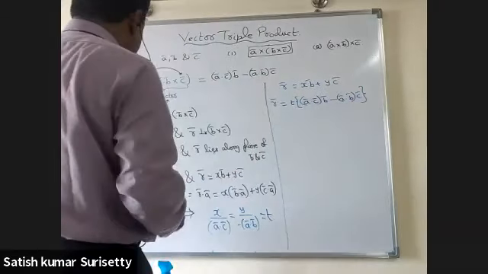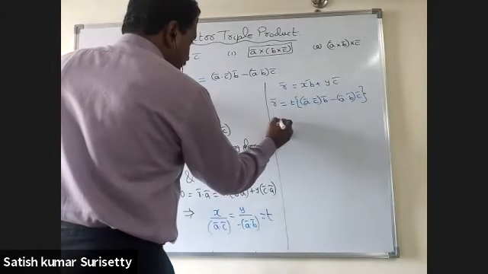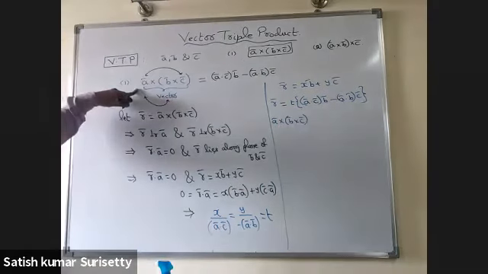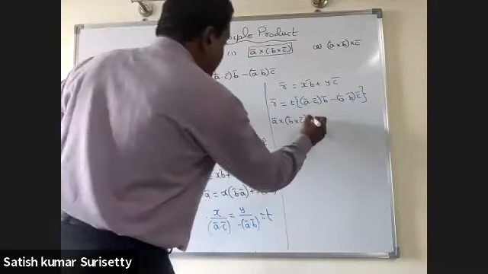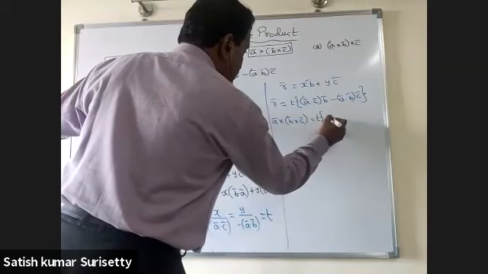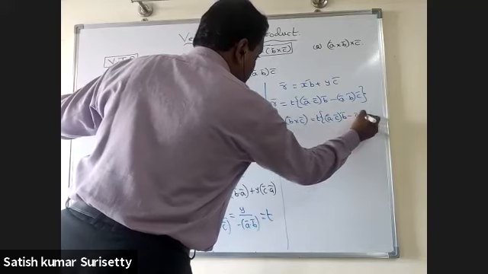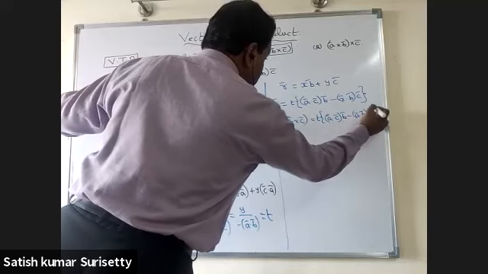But what is R bar that we have taken as A bar cross B bar cross C bar? It equals T into A bar dot C bar into B bar minus A bar dot B bar into C bar.